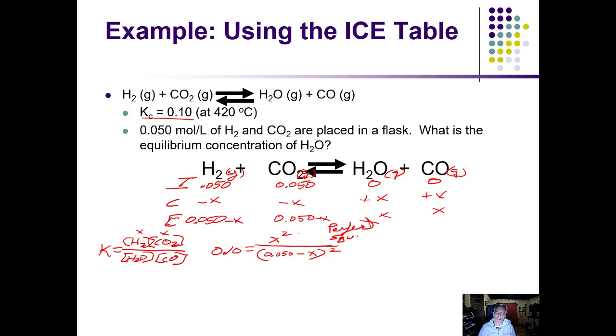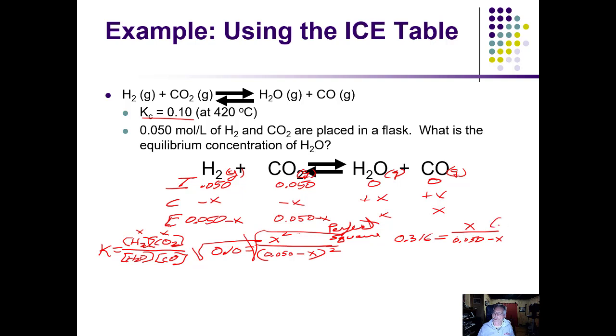And since it's a perfect square, I can take the square root of both sides, and that rids me of that pesky squared term in the numerator and the denominator. And so when I do that, that gives me 0.316 for the square root of 0.1, and that will equal x divided by 0.050 minus x. Now that's going to be a lot easier to solve.